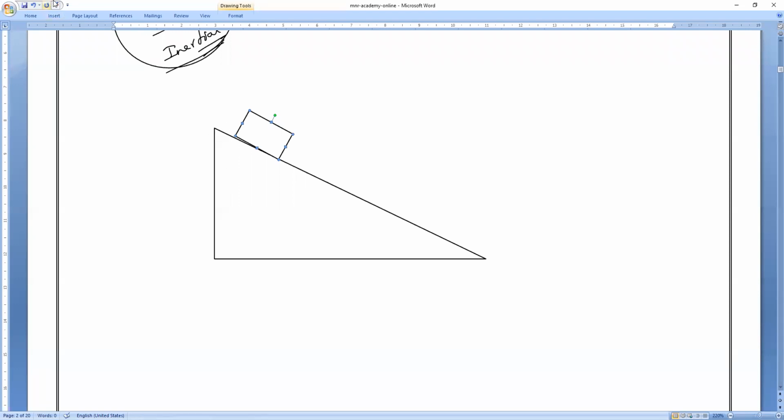So there is a mass M, and all of you remember, the mass of the inclined surface is M dash, not M. What is the mass of the inclined surface, everybody? M dash. And this inclined surface is pulled with the help of a pulley, which is tied to it. So now what is our target?